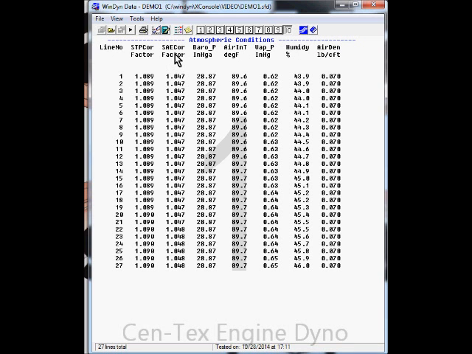The other is the J1349 correction factor, which is 1.04. This is used, like I said, on chassis dynos a lot. It is 4% lower because it uses, let me see here, 29.23, just a second.